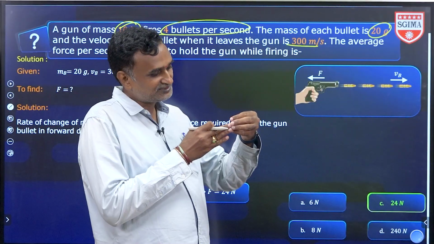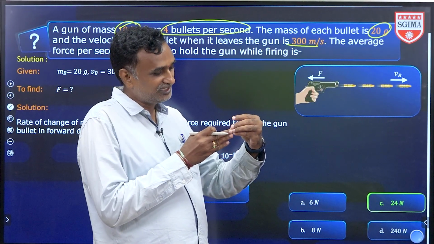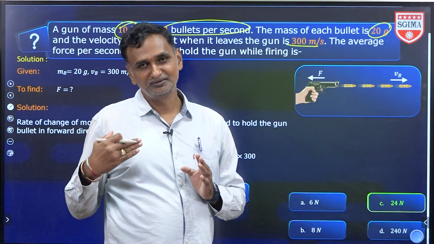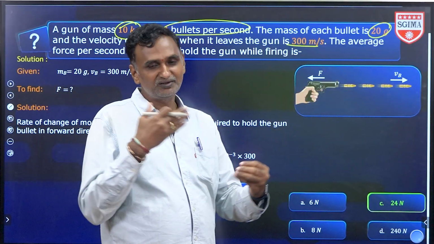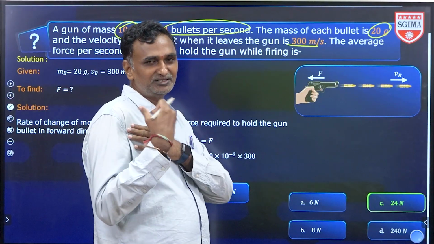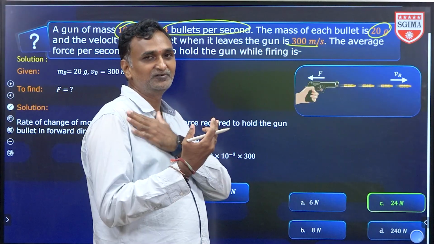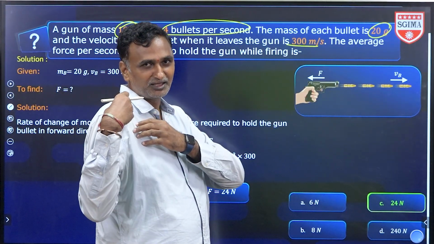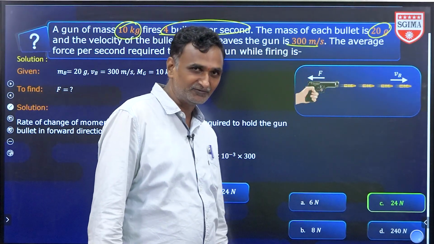When the bullet is leaving the barrel, it leaves some momentum on the gun, so the gun should recoil. Whenever the bullet goes forward with some momentum, there will be recoil momentum for the gun. Change of momentum per unit time is called force. That force we feel on our shoulder when a person fires a gun keeping it against the shoulder. So that force is called the recoiling force.